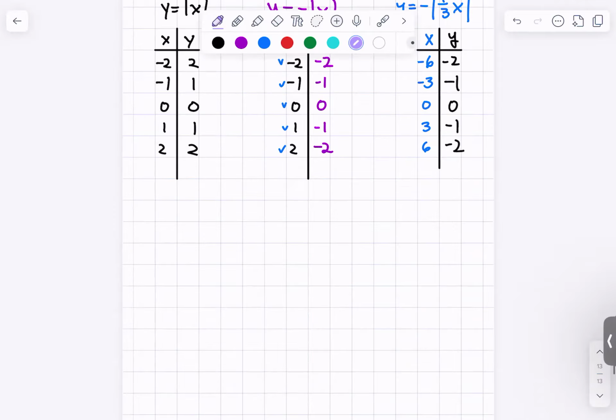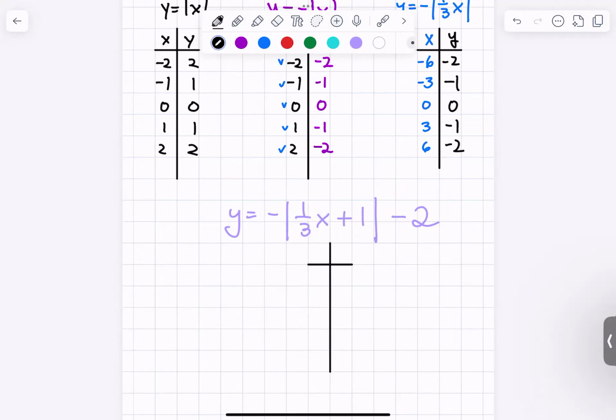Left 3 down 2, and I'm just repeating myself so I know what it is. 1/3 x plus 1, down 2.